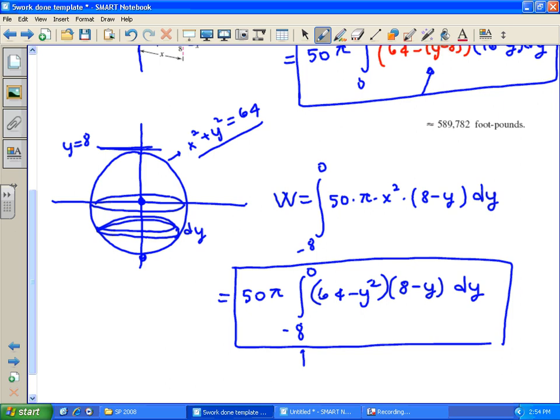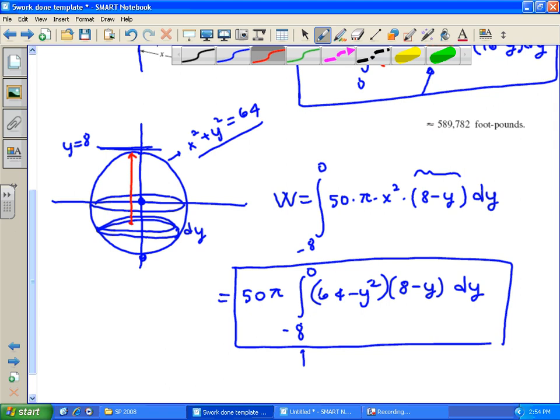I just also want to go over one more explanation about this 8 minus y. That's the distance, because this slab has to be carried this distance. For example, imagine this point being y equals -1, let's say.